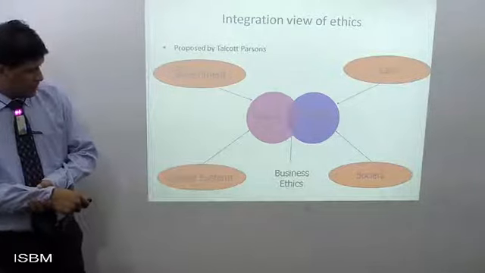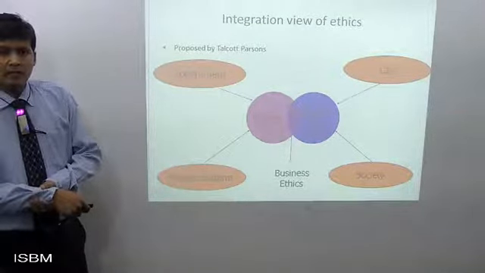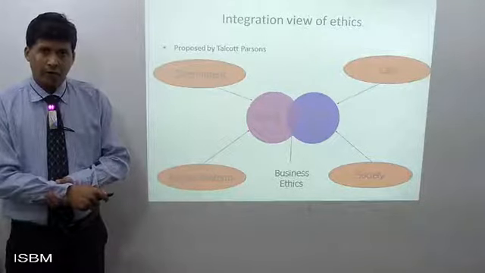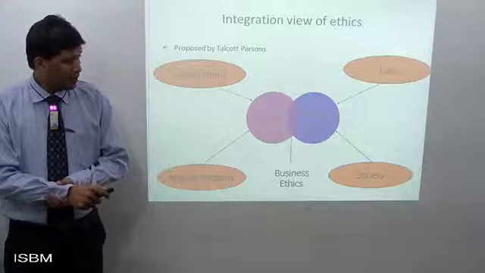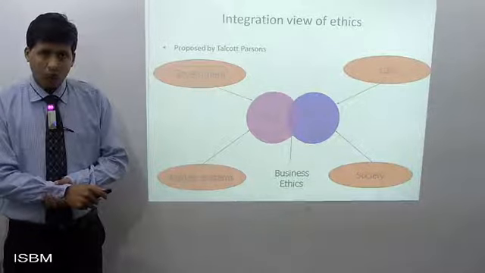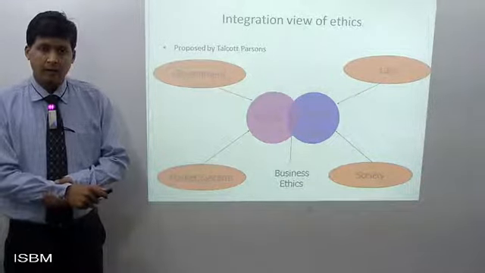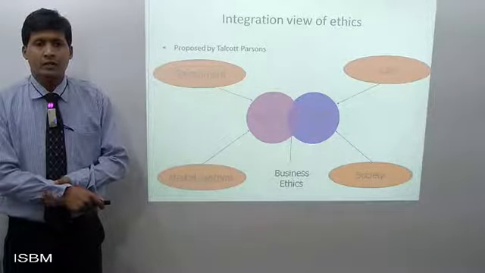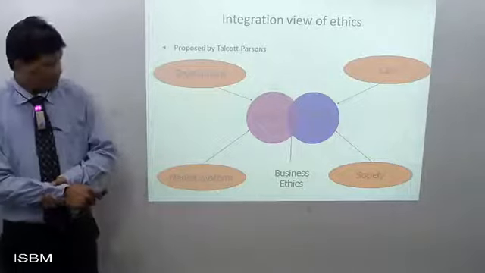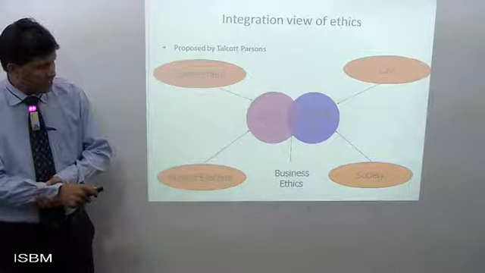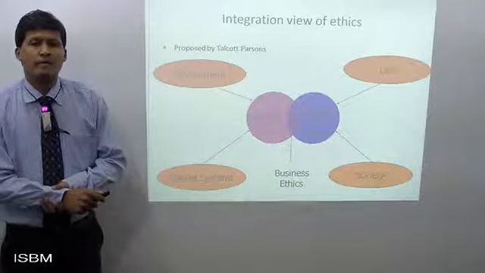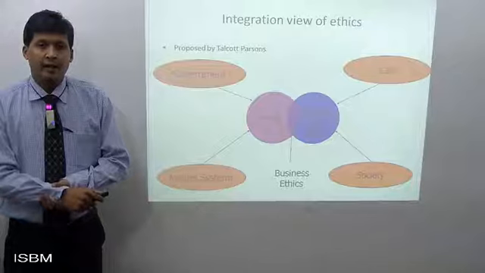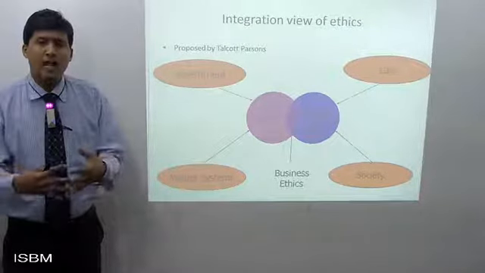Business is influenced by the market systems and the government, and we have moral values and ethics, which are guided by law on one hand, the legal structure, and by society in terms of religious and cultural influence. The shaded portion becomes the business ethics portion, where these two overlap each other.